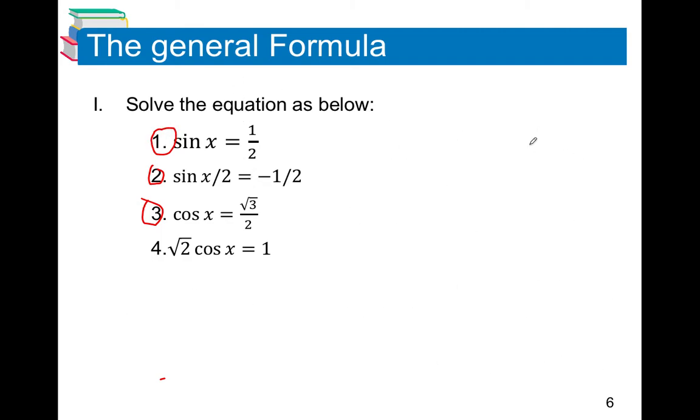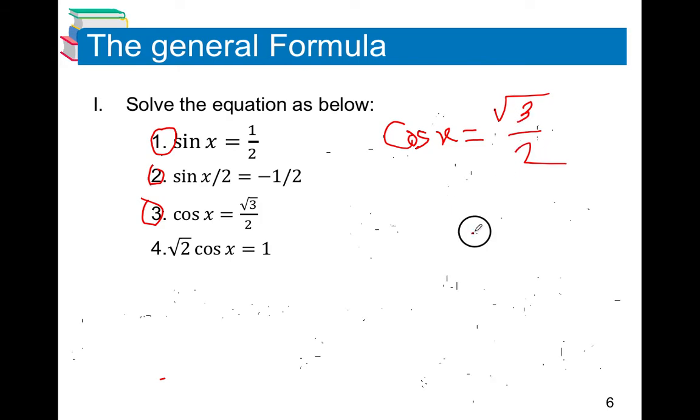Going to number 3, we have cos h equals square root 3 over 2, right? This is the general equation, and we note that for square root 3 over 2 we have cos pi over 6.